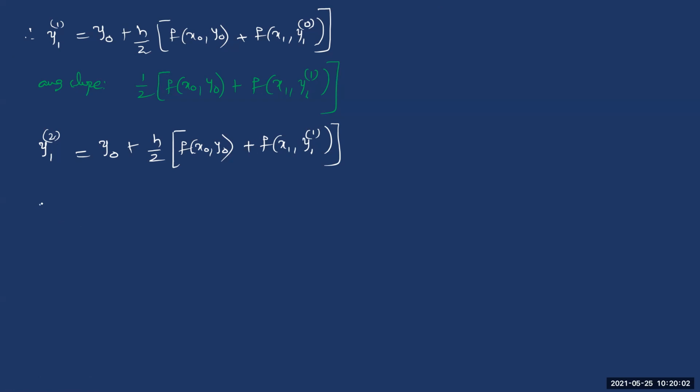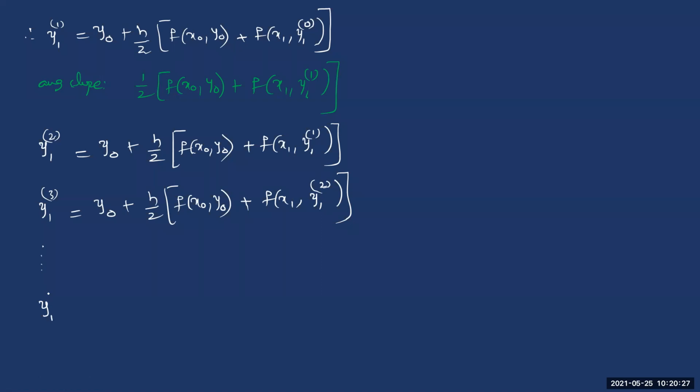Now, similarly, if you calculate y1 third approximation, you can just expect it is y0 plus h by 2 times, again we are taking the average slope, which is f of x0, y0 plus f of x1, y1 second approximation. Always to calculate the current approximation, we'll use the previous approximation here. So if you generalize this idea, we'll get y1 nth approximation, let me take it as n plus 1th approximation so that things will be easy for us.